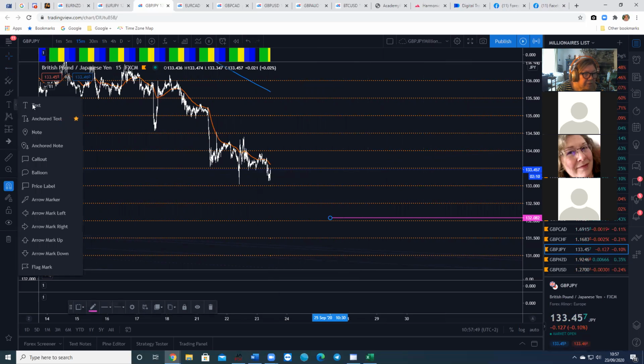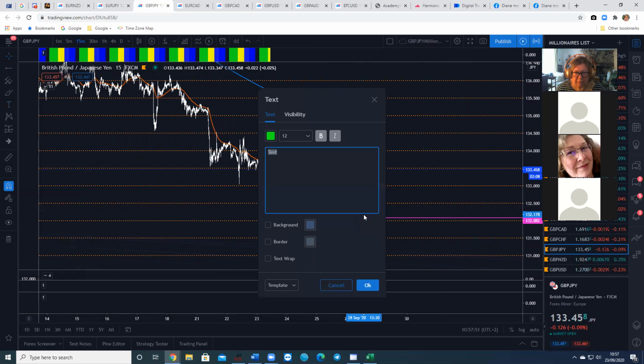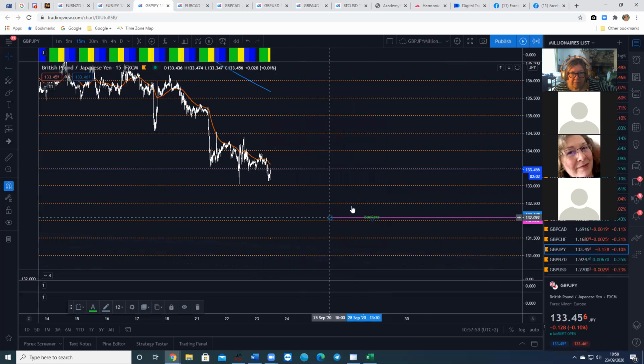And remind myself with a little note. Just put that, see if that's what it does before it turns. All good practice to make sure we know what we're doing and gives you confidence on your back testing. So that's GBP JPY.